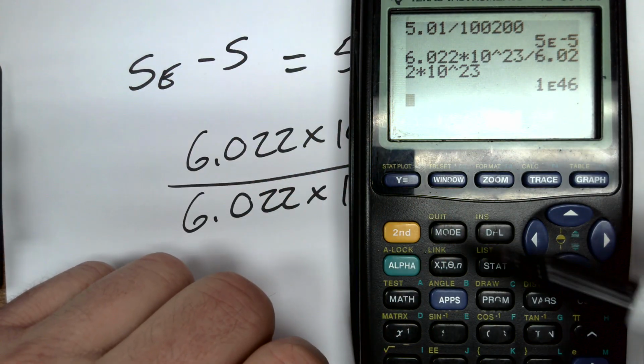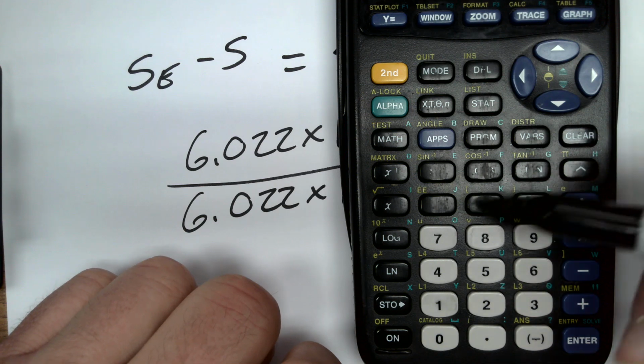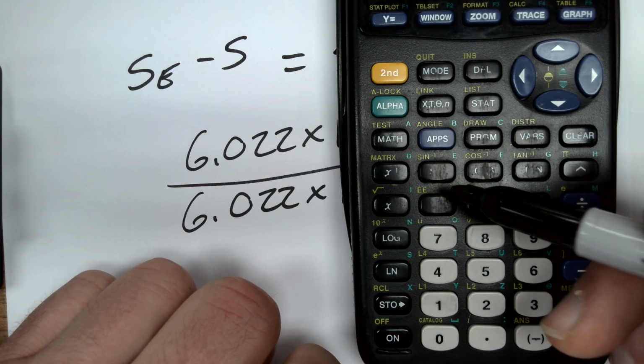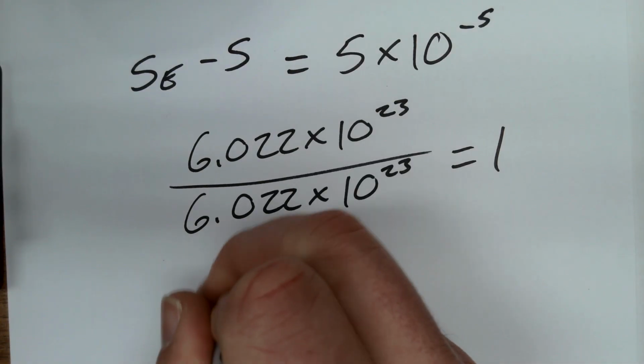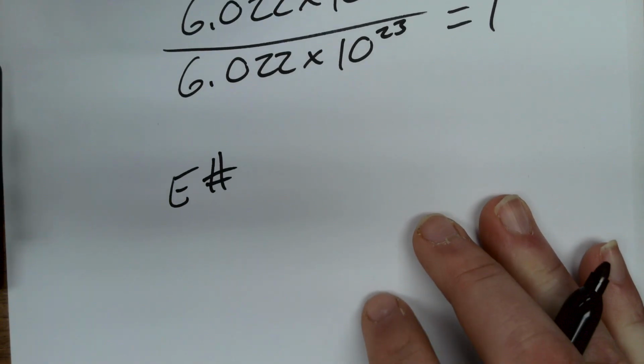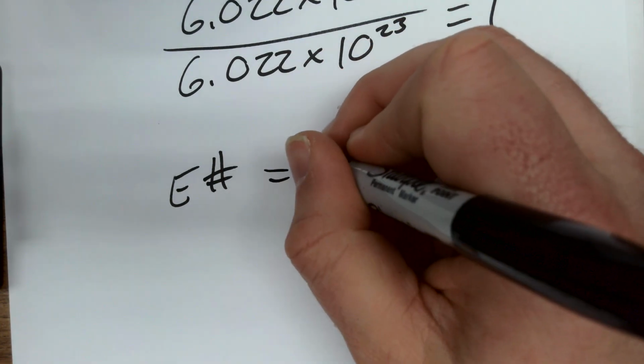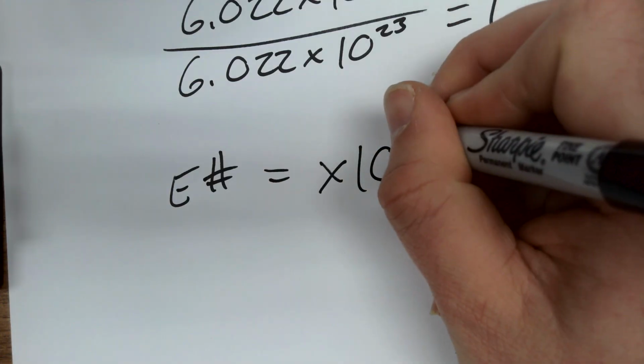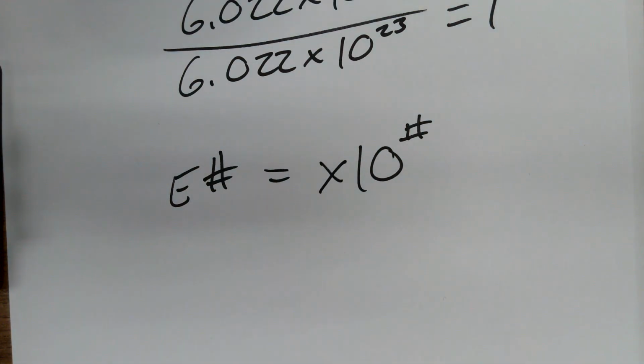I'm going to use this EE function right here, because the E followed by a number is the same as writing times 10 to whatever that number is.